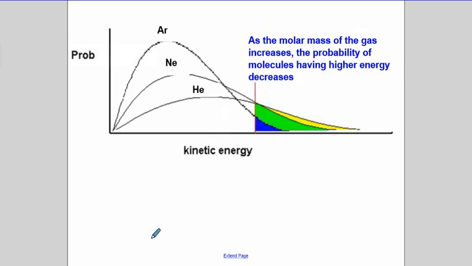We can also look at this as multiple different gases. So argon versus neon versus helium. Helium is a lighter molecule. So even though these are all at the same temperature, because helium is lighter, it has more kinetic energy because it's a smaller molecule. It doesn't take as much energy to move as quickly.